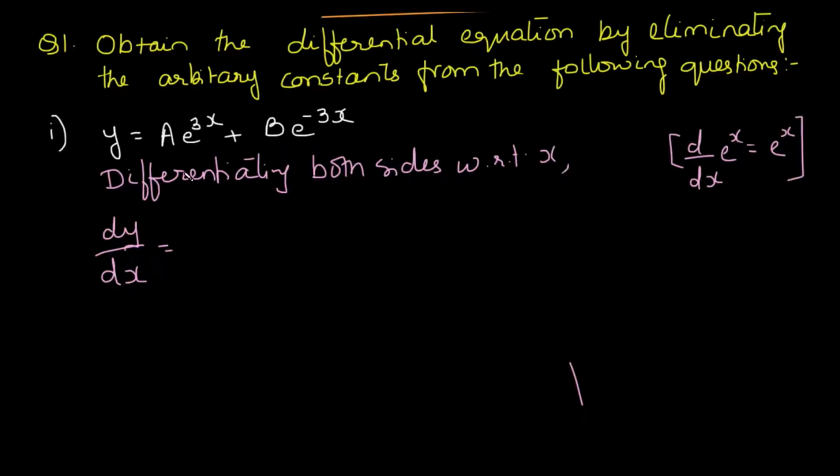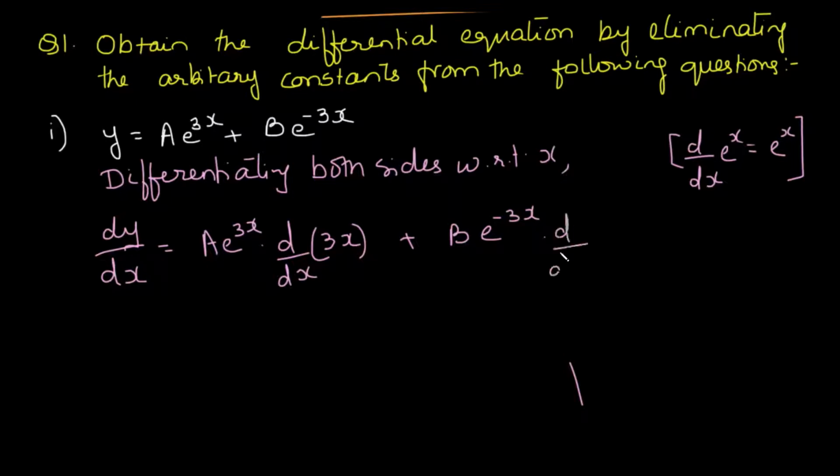So we get a e raised to 3x, and also the differentiation of 3x by chain rule, plus b e raised to minus 3x, the same thing, and also the differentiation of minus 3x.